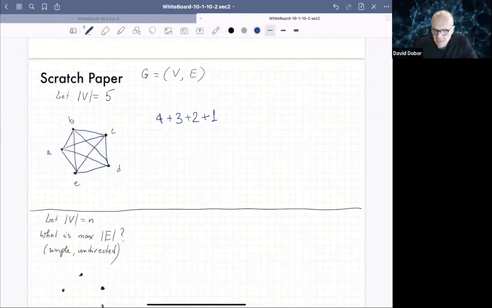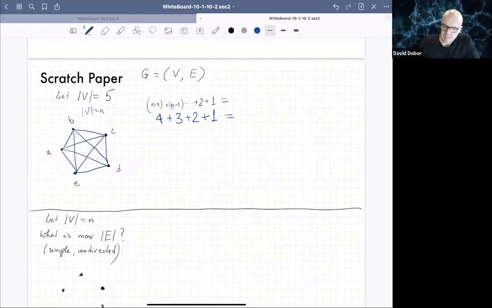What is the sum of the first n minus 1? So V is n. So this is n minus 1 plus n minus 2 plus and so on, plus 2 plus 1. What is the sum of the first n minus 1 elements? You proved this by induction.